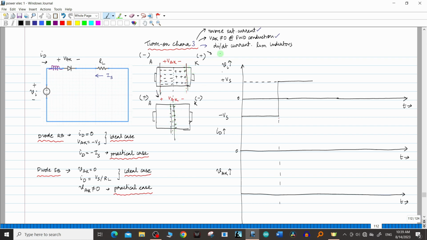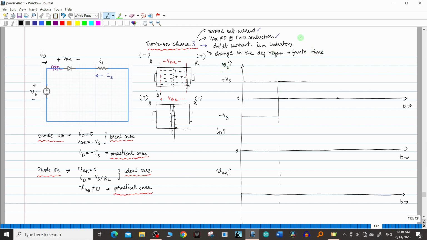So the change in the depletion region is going to take some finite time. It's not instantaneous, so we are going to take that also into account.